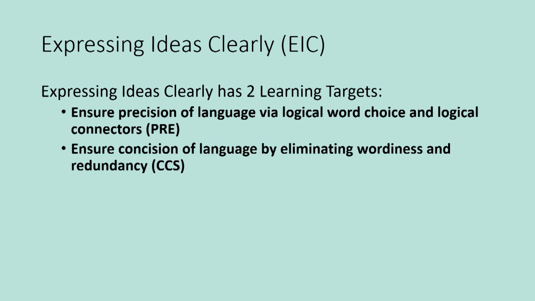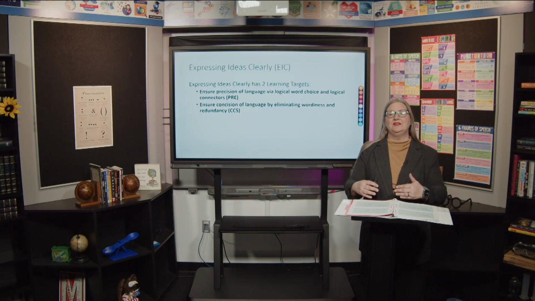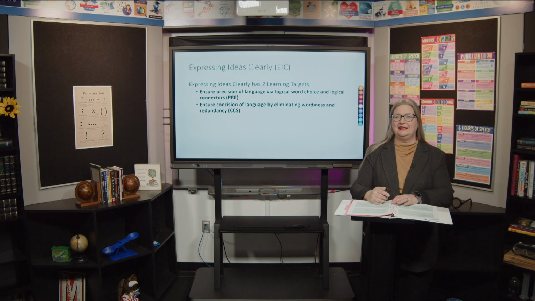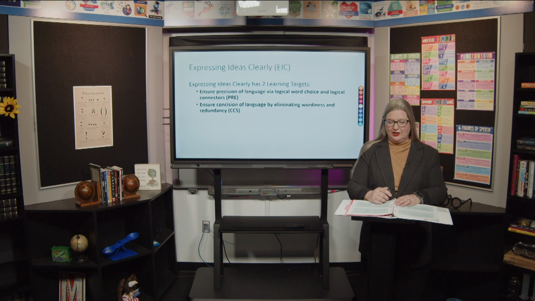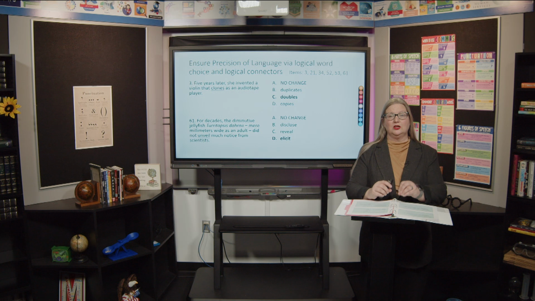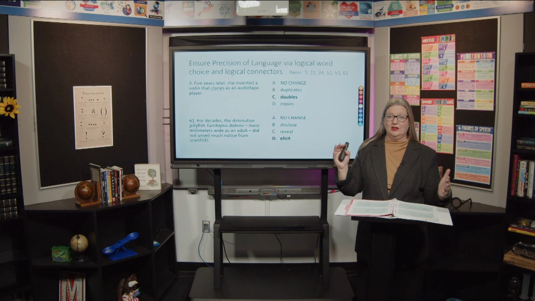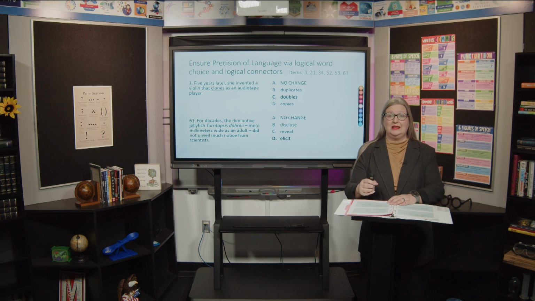And today we are going to look at both of those learning targets. Not all of the different items, but we're going to look at a sampling of those items and what they will look like on the practice test that you guys took a couple of weeks ago. So the first item is ensure precision of language via logical word choice or logical connectors. And you have several items. You can see items 3, 21, 34, 52, 53, and 61.